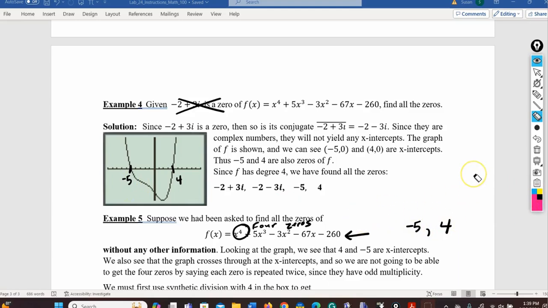Now, how are we going to know which of those cases it is? You're going to have to use synthetic division. Now, what am I going to use in my synthetic division first? Well, I have two integers that I know are zeros, and I'm going to use the one that's not a negative. It doesn't matter. You can choose to start with -5. I'm going to start with the 4.